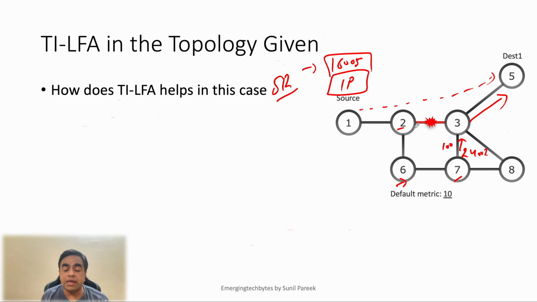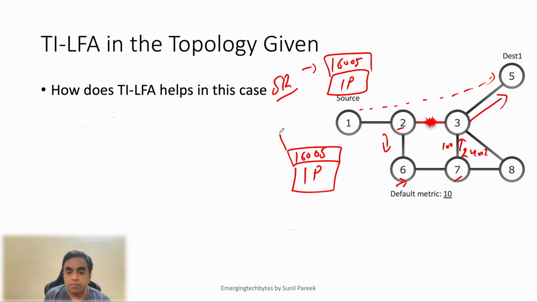Now with TI-LFA, when this link fails, traffic has to be switched to this path immediately. So it will push that label stack, which by the way is already calculated. So it will have that 16005, and from here on it will push the label stack for the backup path.